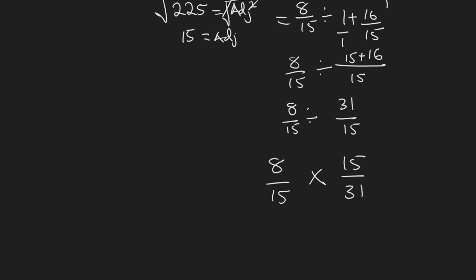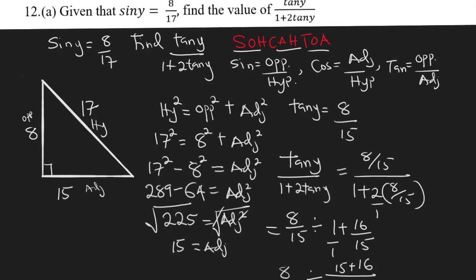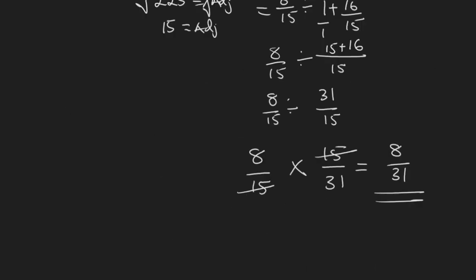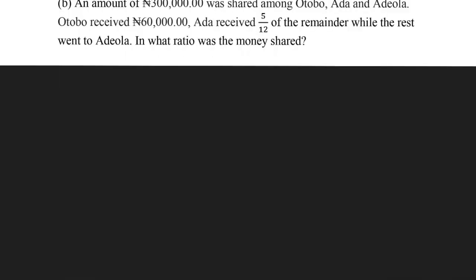Okay, so 15 will cancel 15, and we're left with 8 over 31, right? Nothing else can cancel, so the answer is 8 over 31. So that is the value of tan y over 1 plus 2 tan y, 8 over 31. All right.